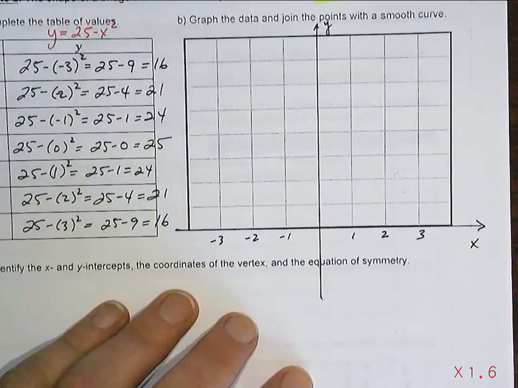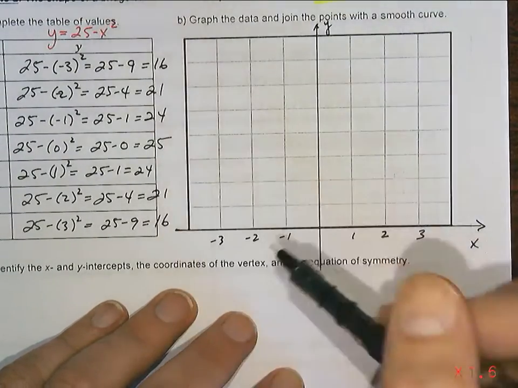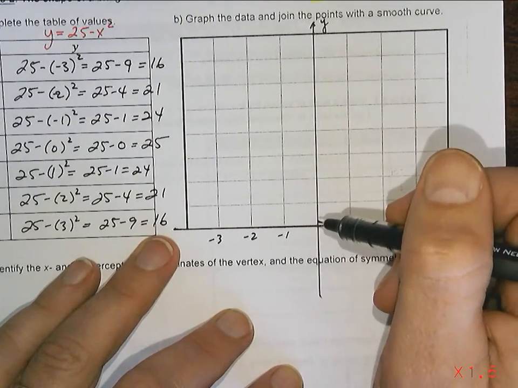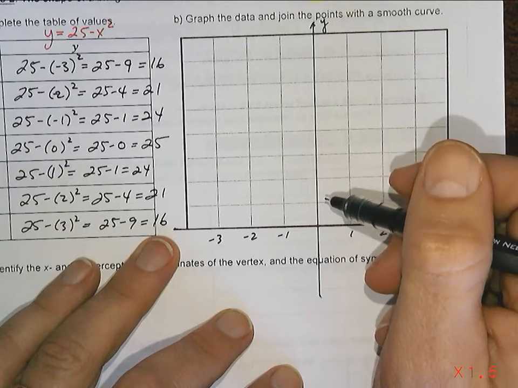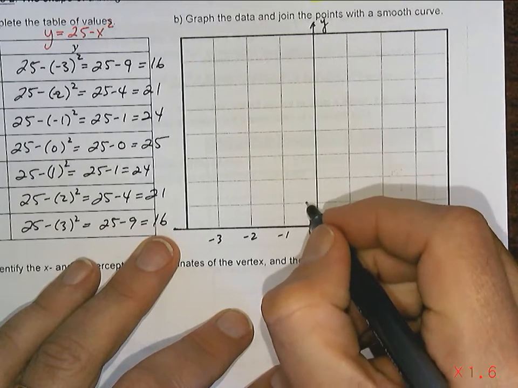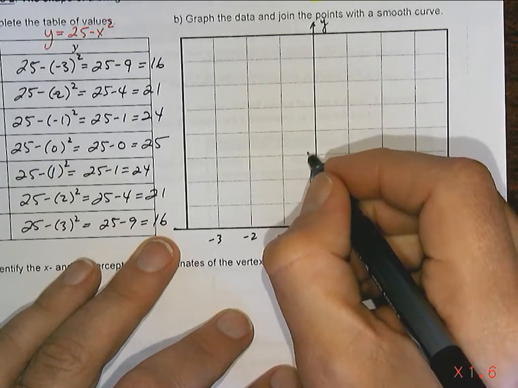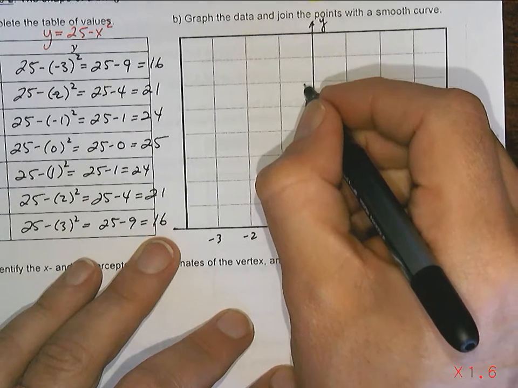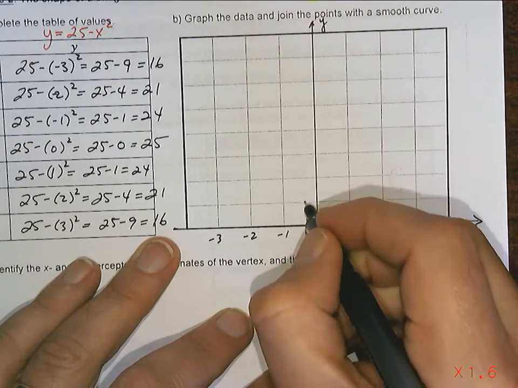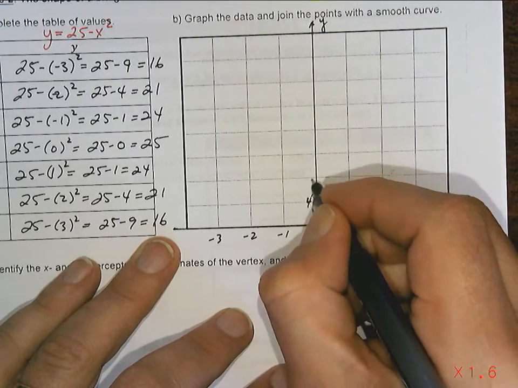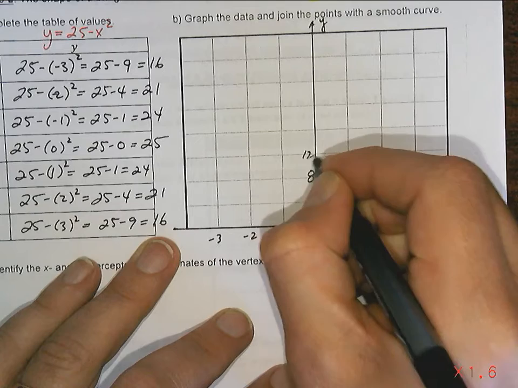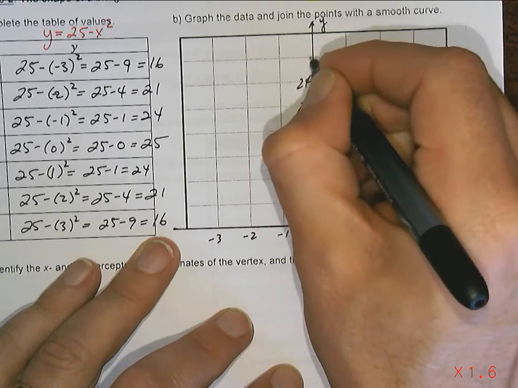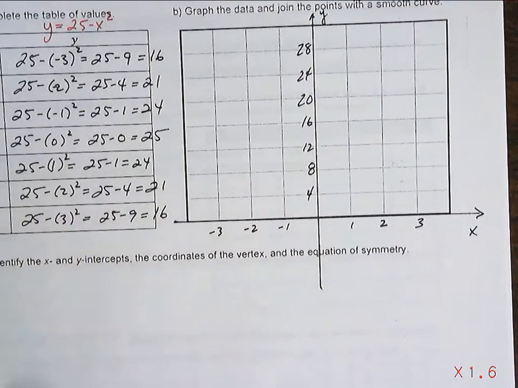Now I got to go up to 25, and my smallest one is 16. So I'm certainly not going up by ones. How about if I go up by 4: 4, 8, 12, 16, 20, 24. That's not bad. Go up by 4s: 4, 8, 12, 16, 20, 24, 28.